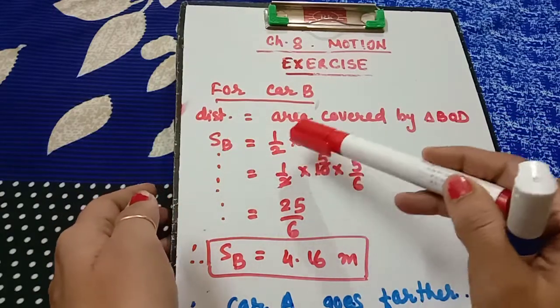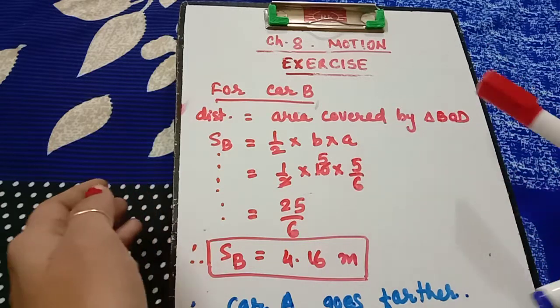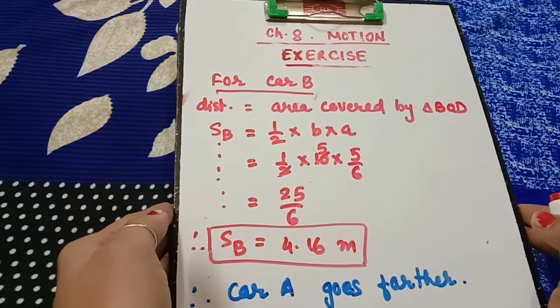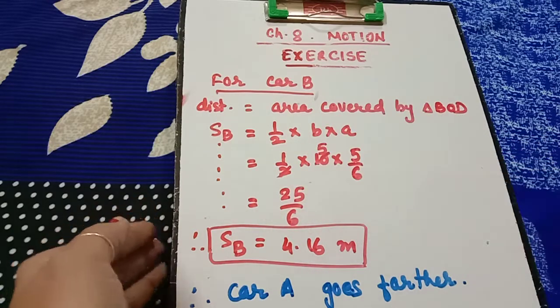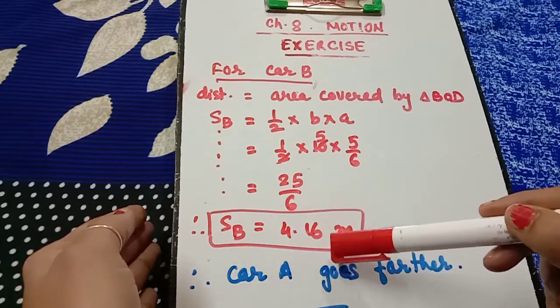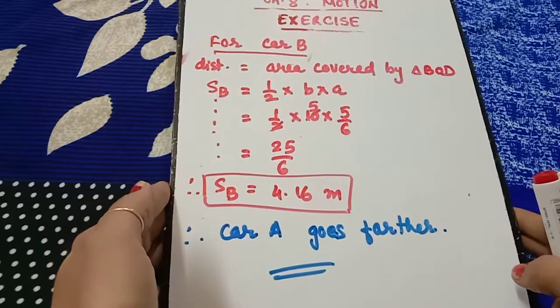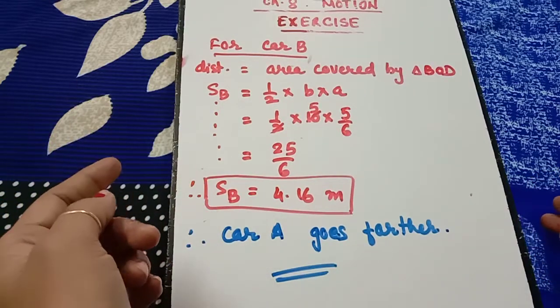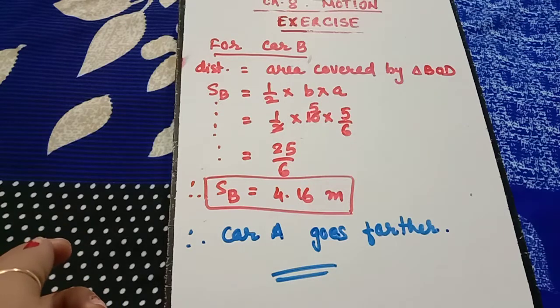SB is equal to 1 by 2 into 10 into 5 by 6, the altitude that we have taken, which is the speed, equal to 25 by 6. So I'll be getting SB is equal to 4.16 meter. From the calculation we can make out that car A goes farther. It will travel longer after applying brake.